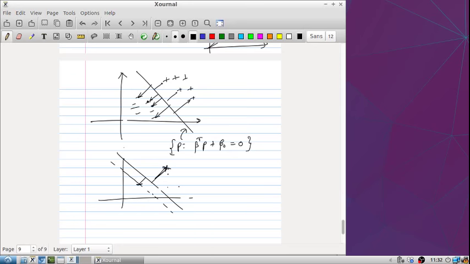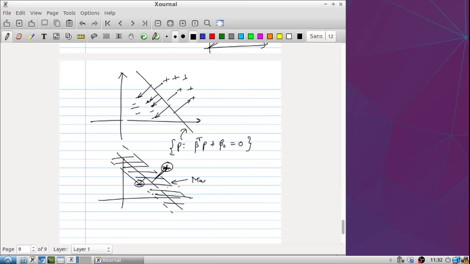There's a hyperplane, there are 2 closest points, and I'm going to think of a band as the band decided by the closest point in the picture. So maybe the negative is the closest to the hyperplane, so I'm thinking of the band as the distance of the negative point to the hyperplane on each side. Okay, maybe the shaded region. This is the negative point, this is the positive point. So this I'm going to call the margin.